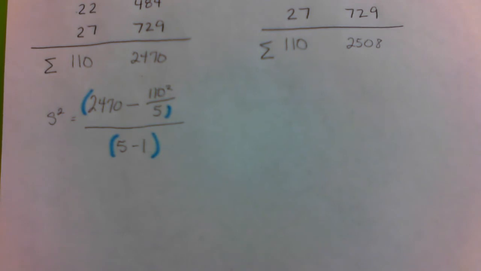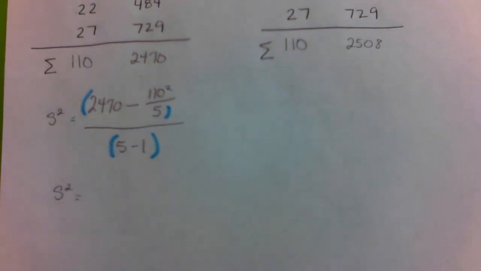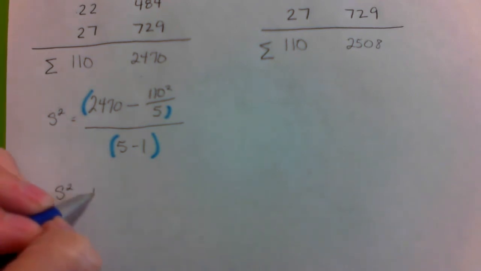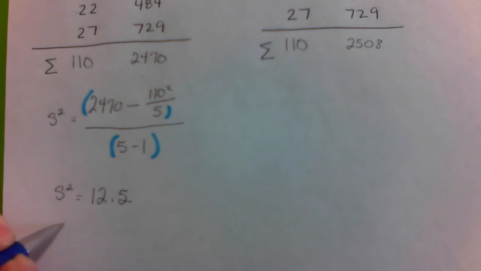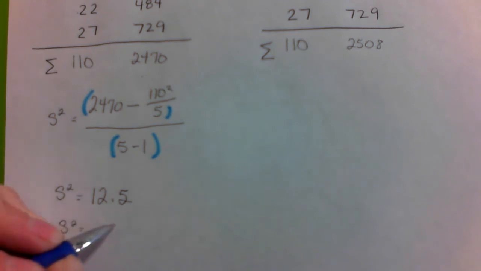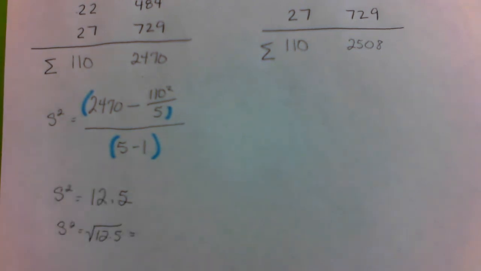If you do too much rounding several times throughout your calculations, you're going to get a skewed answer. So when you put all of that into your calculator, you're going to get that S squared equals 12.5. So that is your sample variance. If we went ahead and found its standard deviation, we would take the square root of 12.5, and the square root of 12.5 is 3.54.